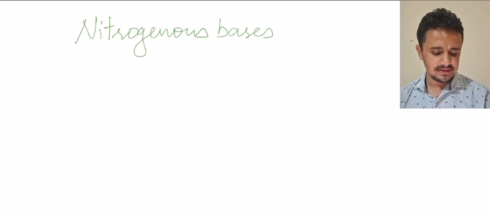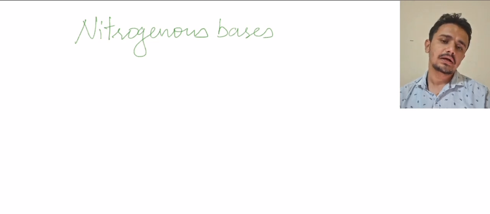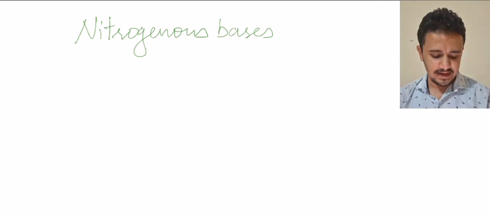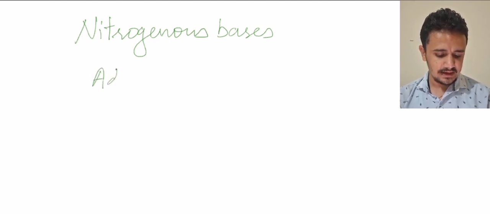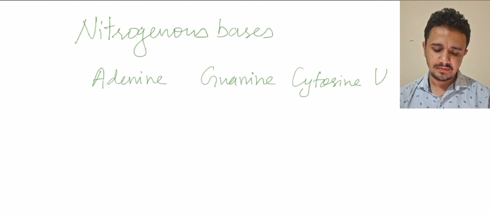Now let us see. We have to understand that there are four different nitrogenous bases present in DNA. Let's see what those are. First we have adenine, and we have guanine, then we have cytosine, then we have thymine.